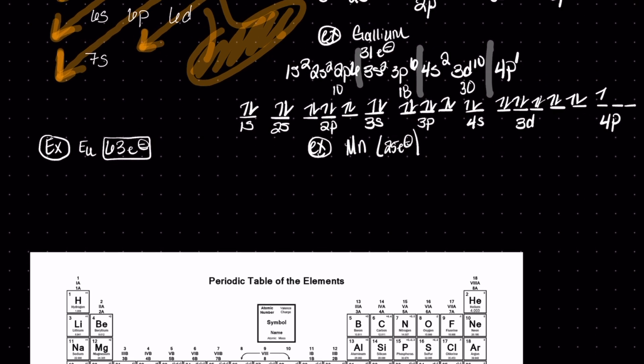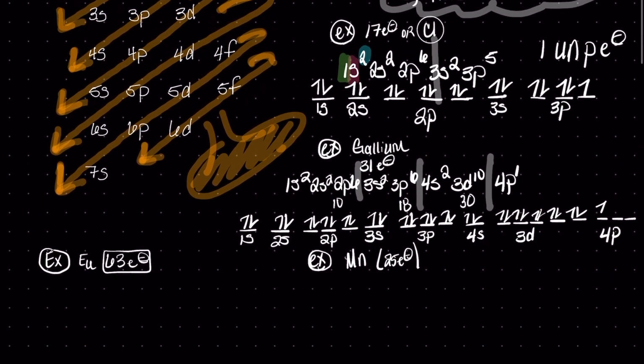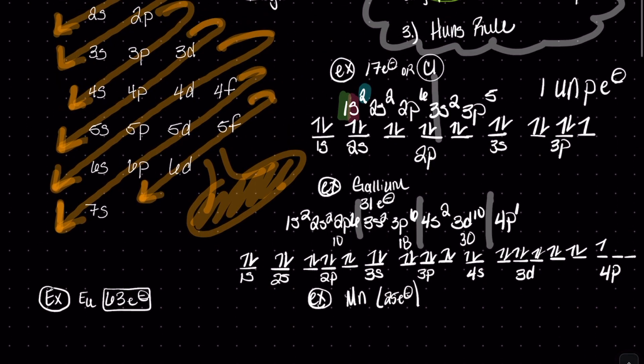So let's go. With my finger sitting at 1s, I'm going to go down the tree till I fill up to what I need. My goal is to get to 63 because I've reported a neutral atom of europium, which means I have 63 protons with a matching 63 electrons. It's not any ion business happening, so I don't have to account for more or less electrons.